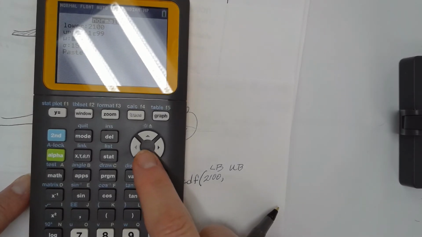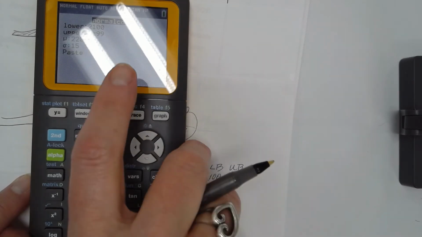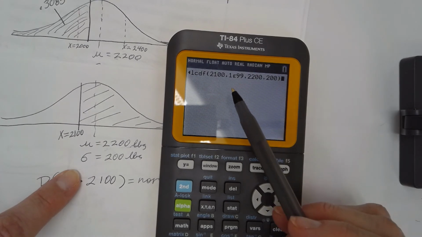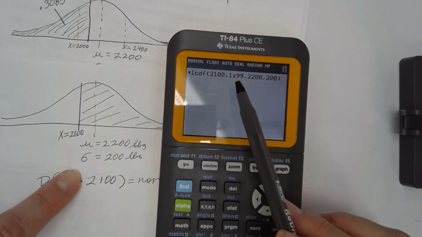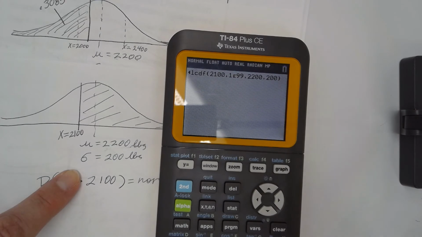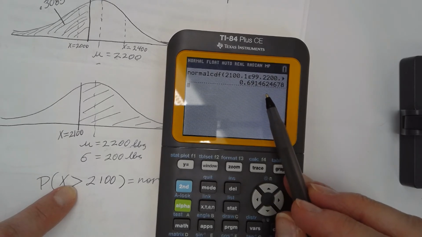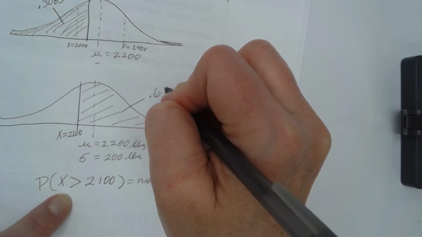Then the mean is 2,200 for the giraffes, and the standard deviation is 200. Then enter. If you have a TI-83, you would put it in with commas in between: lower boundary, upper boundary, mean, and standard deviation. Then close your parentheses and enter. So 0.6915. This area to the right here is 0.6915.